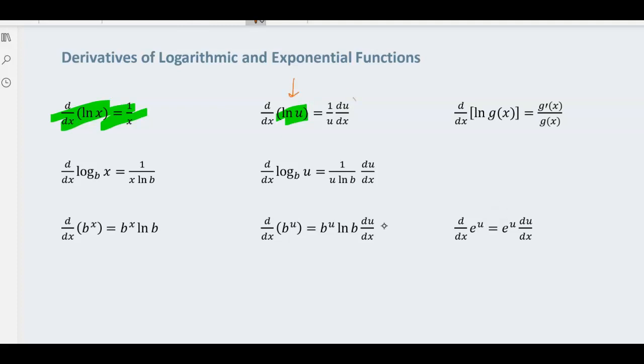So by the chain rule, we've got to tack on the derivative of the function that the log is being taken of with respect to x. So again, everything over here are extensions with the chain rule. I'm going to prove the three formulas in the first column and then give examples for each one.